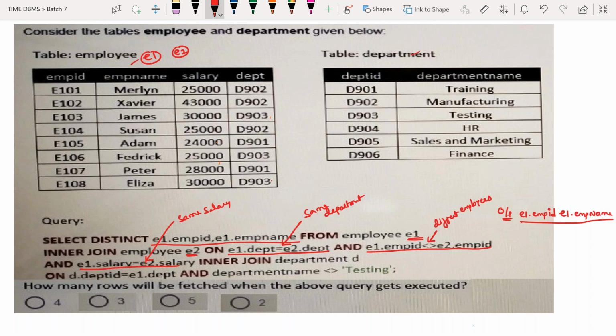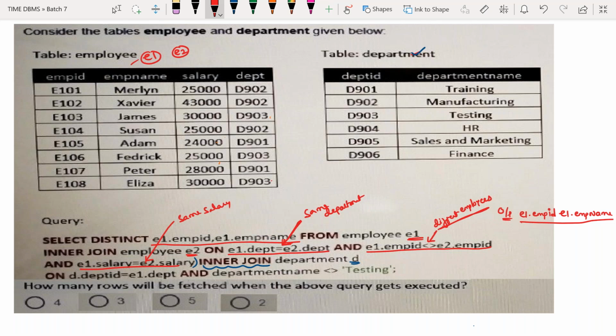Okay, up to this I will complete it. And that result is to be inner joined with department D. I will do the inner join later. First, let me crack this one up to this. It is a query for two different employees.